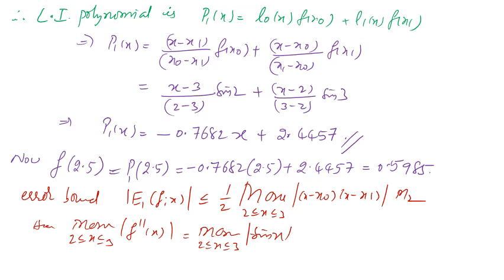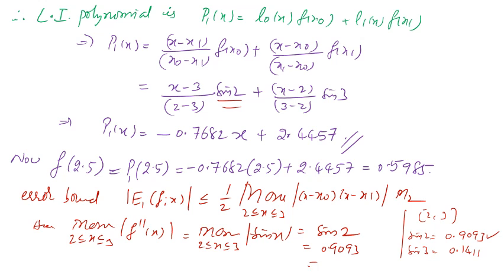The minus sign doesn't matter. The maximum value is sin 2, as we have already seen: sin 2 is 0.9093, whereas sin 3 is 0.1411. So the maximum is sin 2, 0.9093, and this is the value of M2, the maximum upper bound.